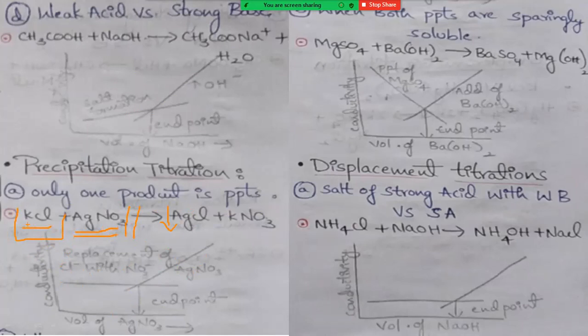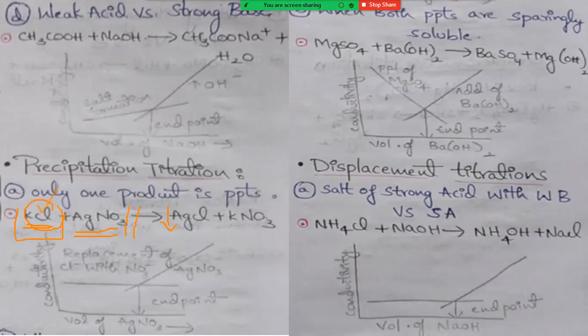AgNO3 acts as the precipitating agent, added from the burette, and the potassium chloride is in the conical flask. What we are precipitating here are the soluble chloride ions present in the solution. Potassium chloride releases soluble chloride ions.